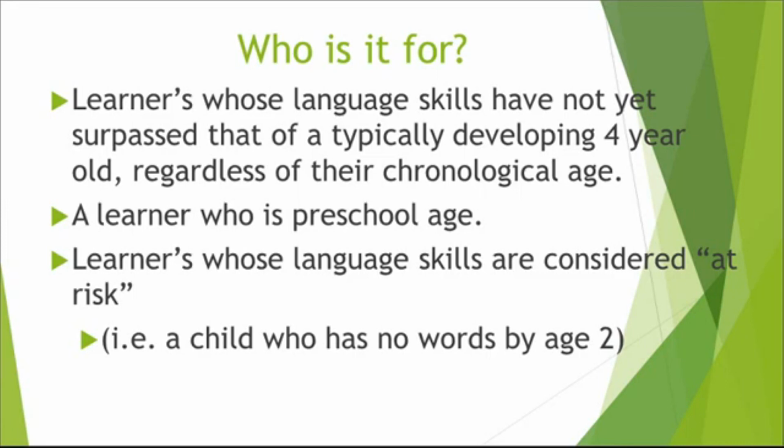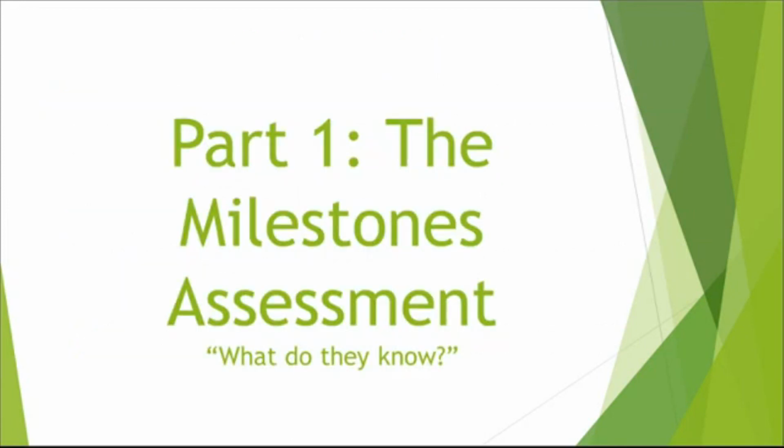So that could be a 7-year-old child whose language development is not up to the age-specific level. It is also for preschool-age learners, and learners whose language skills are considered at risk, such as a child who has no words by the age of 2. I'm sure any such child needs assessment, so this covers all those types of learners.